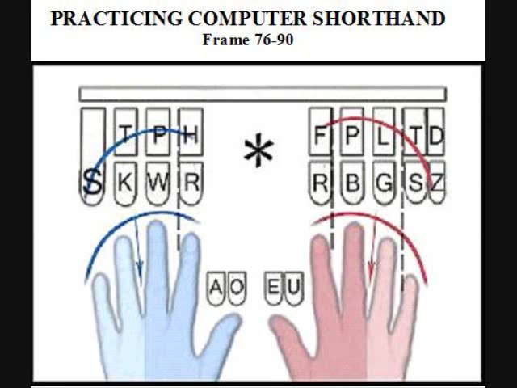And this is also a brief for the word will. Okay, frame 82 is final LT.